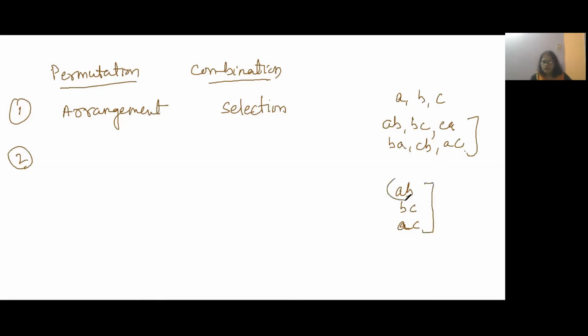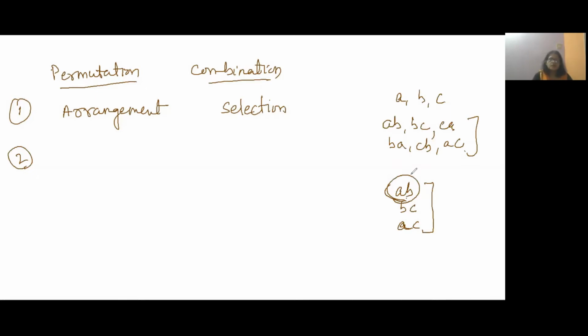It means we have three selections. What I basically mean to convey is that in permutation, AB and BA are different arrangements, and BC, CB are different arrangements. But in case of combination, whether you write AB or BA, no issue. Writing AB is the same as writing BA in combination.